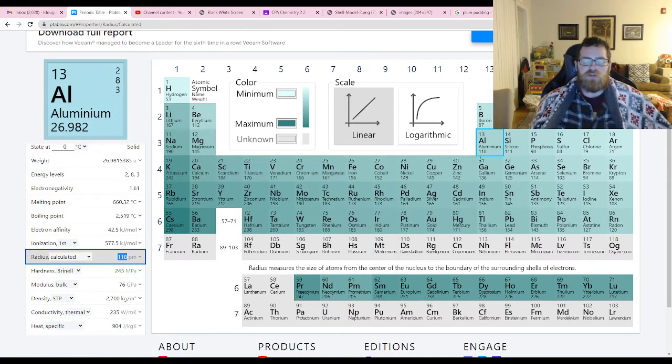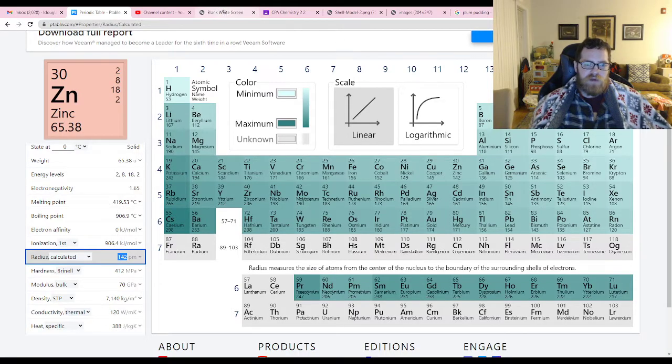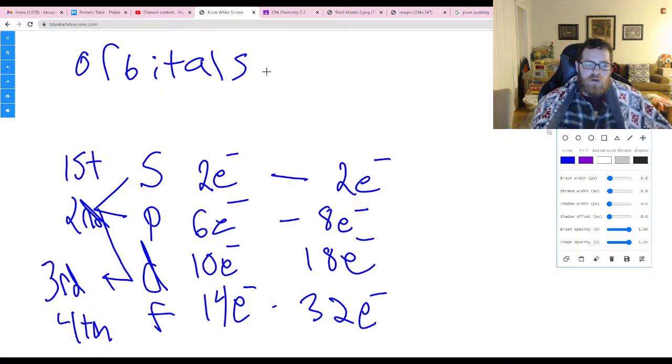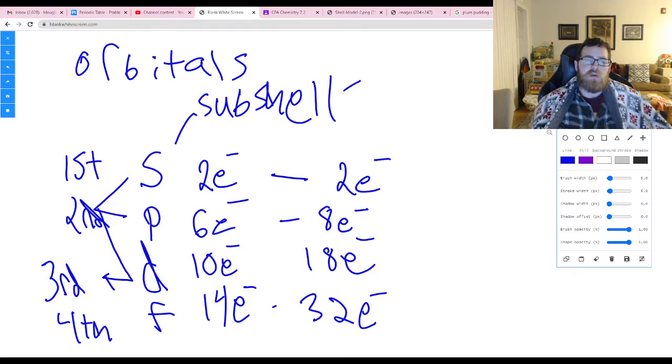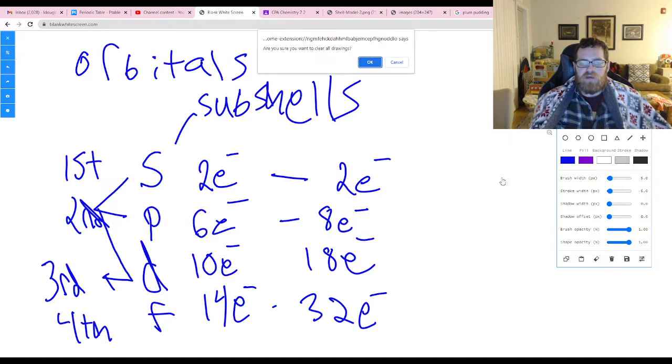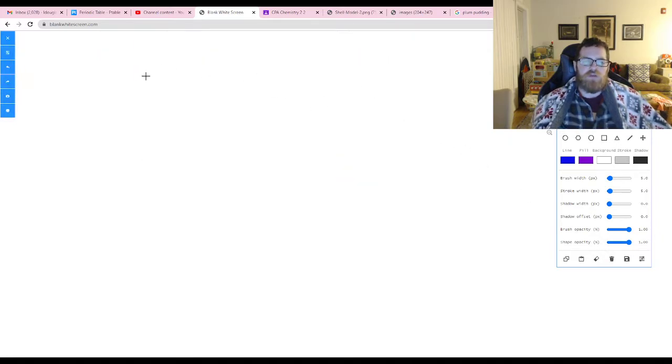Without further ado, let's get back into more of what we were actually talking about here with our S and our P and our D orbitals. You see, each of these orbitals has something called subshells, and these are really the shells of atoms. There are 2 electrons per subshell.